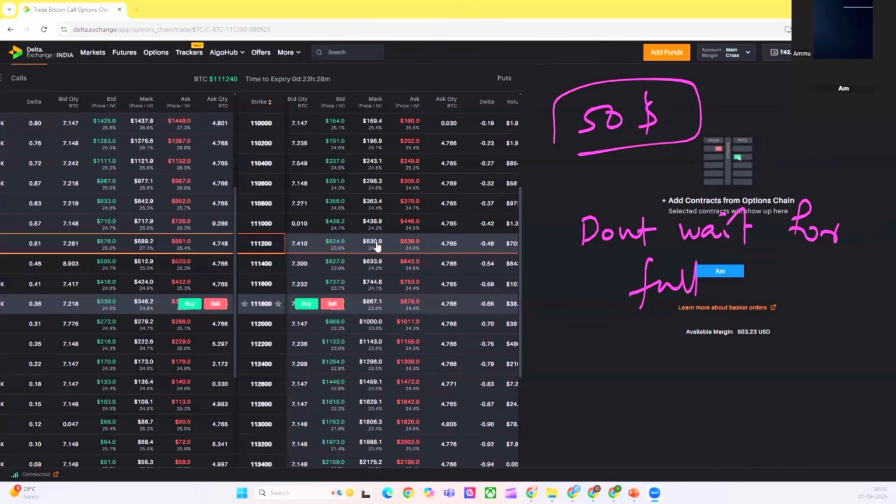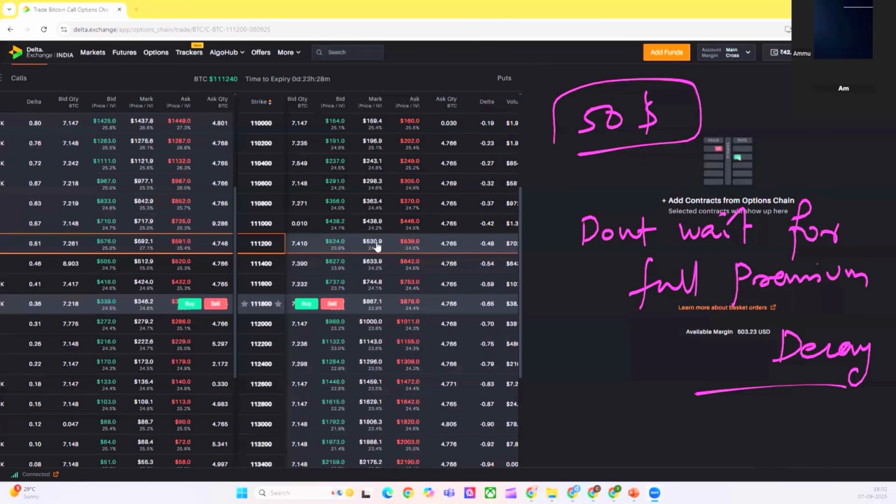This will be the big issue. Never ever wait for full premium decay. Exit when you get $50-$60 safely, so you can keep getting that 3%, that small percentage, and it will gradually and slowly accumulate and give you good return over a long period of time. This is how compounding will work.